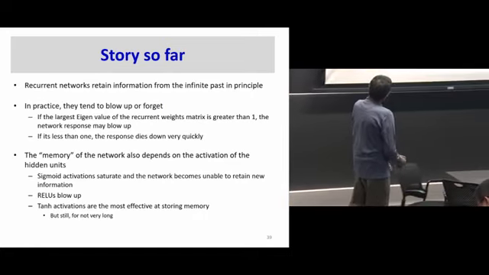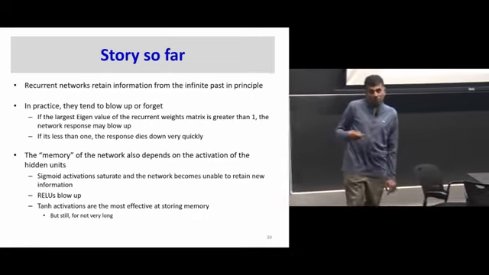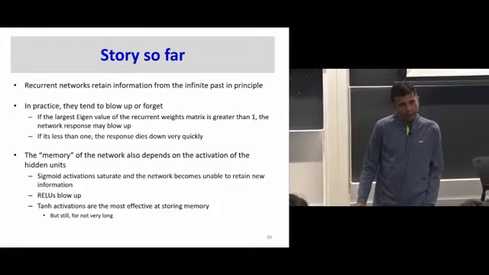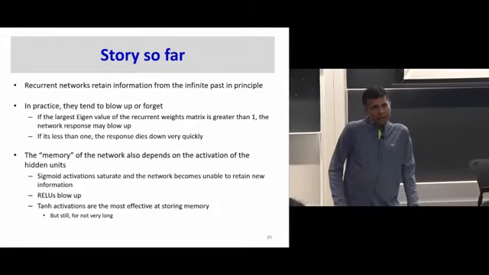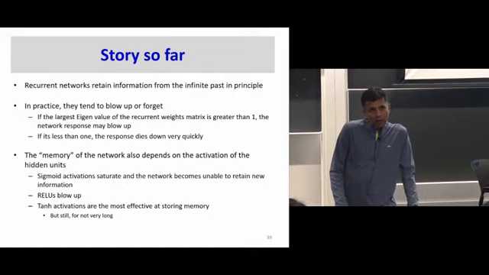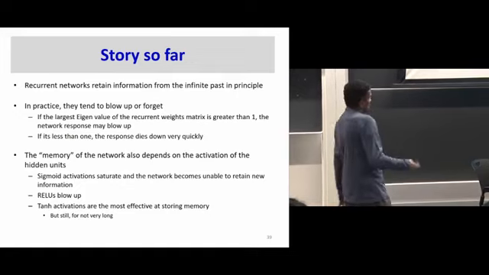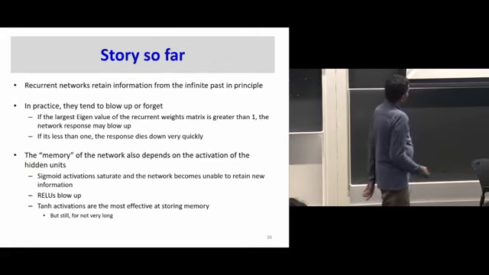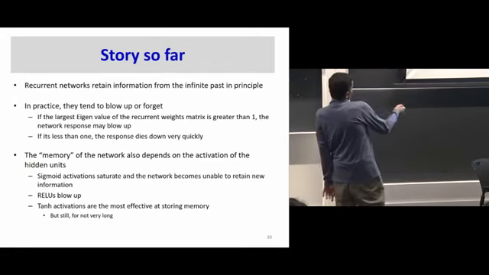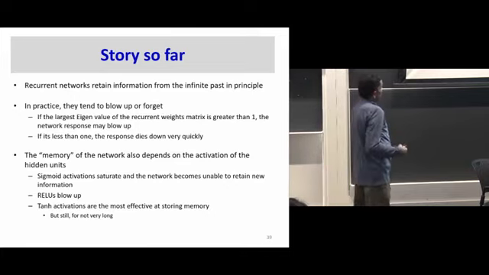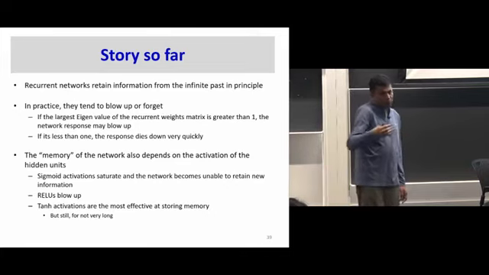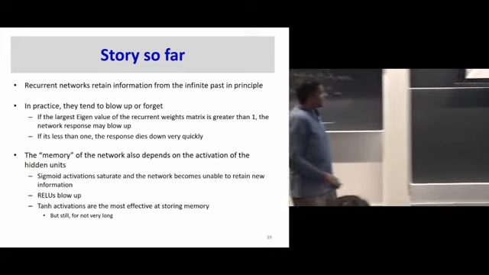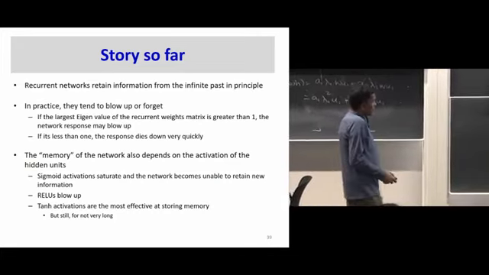So here's the story so far. Recurrent networks retain information from the infinite past in principle. In practice, they tend to blow up or forget. If the largest eigenvalue of the recurrent weights is greater than 1, the network response tends to blow up. If it's less than 1, it tends to die off very quickly. The memory of the network also depends on the activation of the hidden units. Unipolar hidden activations like sigmoids just saturate very quickly, and ReLUs blow up.